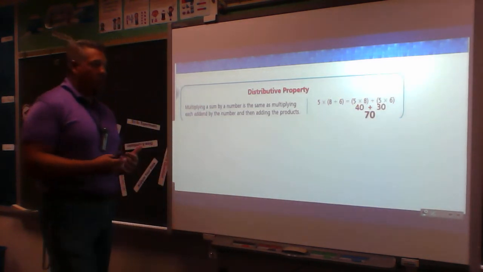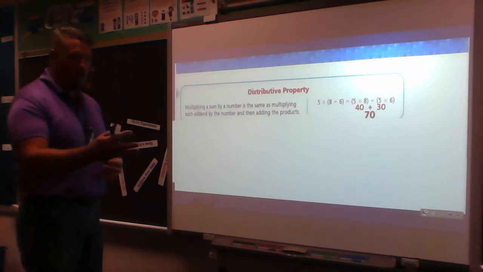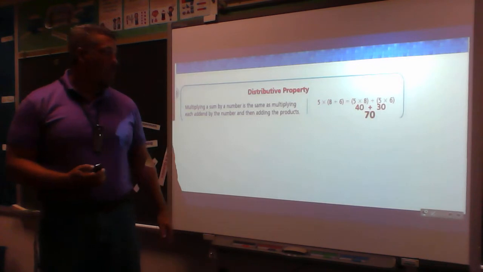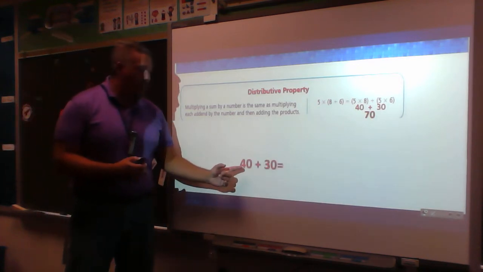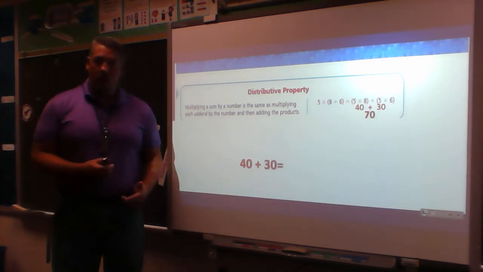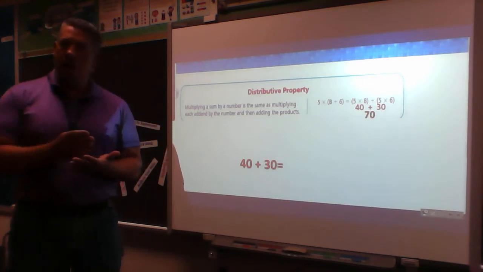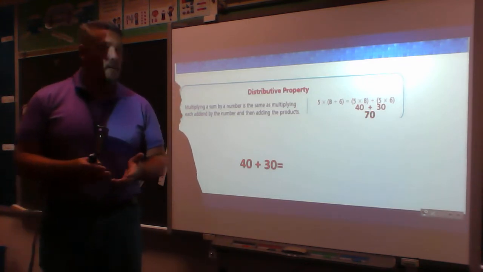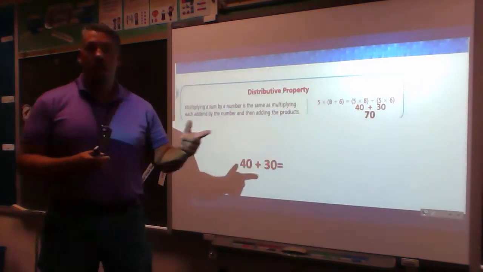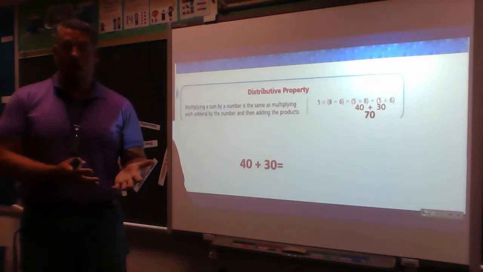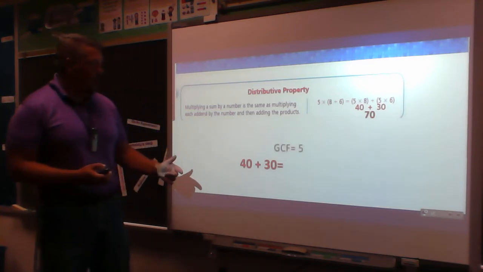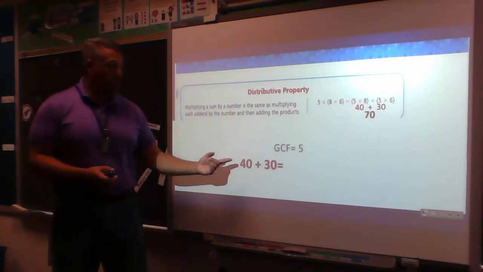So the distributive property is going into numbers. However, I can also do it backwards. What I mean by that is if I have 40 and 30, then if I think about what the greatest common factor is between 40 and 30, I can break it down and create a distributive problem called a product. So when I look at it, I would think, well, my greatest common factor is 5.